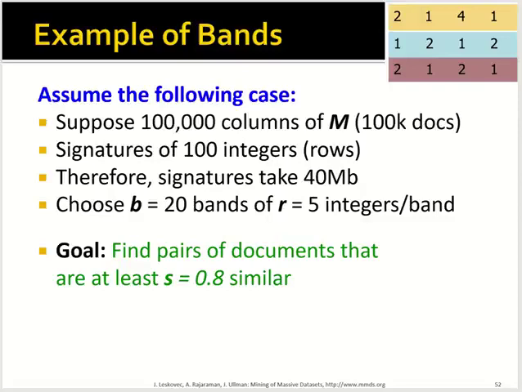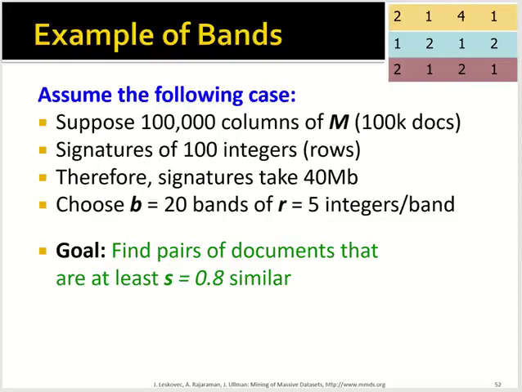The signatures are about 100 integers, composed of 100 rows, which means that each document has 100 rows. Therefore, the signatures will take about 40 megabytes. If we choose B to represent 20 bands and R equals 5 integers per band to represent each band.